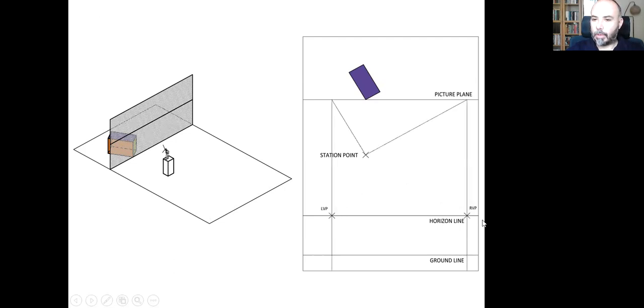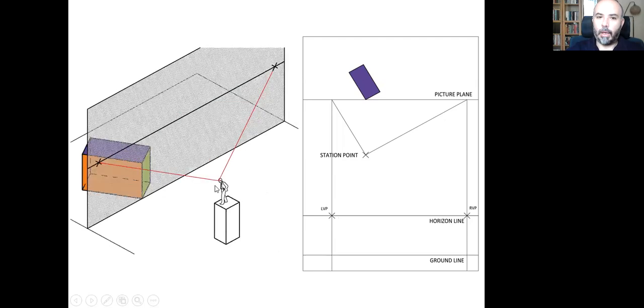The vanishing points that we created, we can think of them as the borders of the eyesight of this man. If we combine them with the horizon line, we can get our vanishing points.